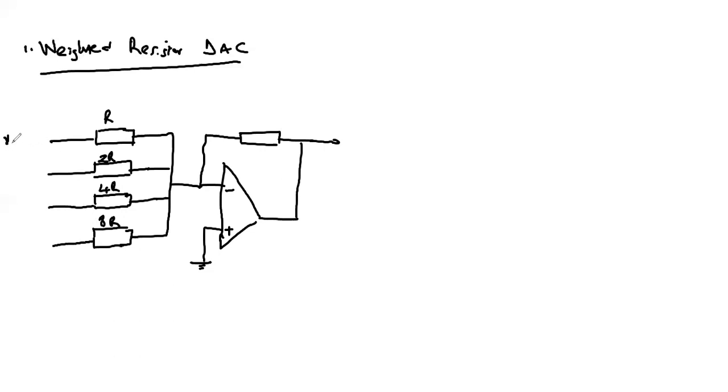So we expect that this is the most significant bit and this is the least significant bit. If you consider these bits to be A, B, C, and D, then we have a feedback resistor, and our output is going to be obtained as our output VO.